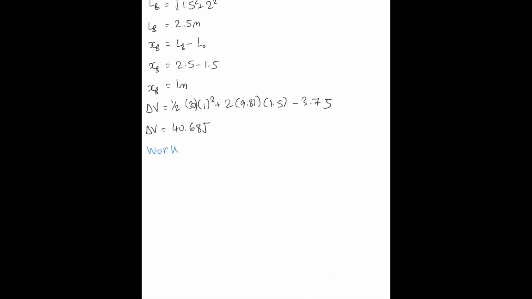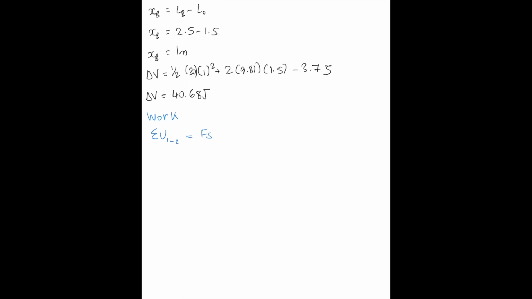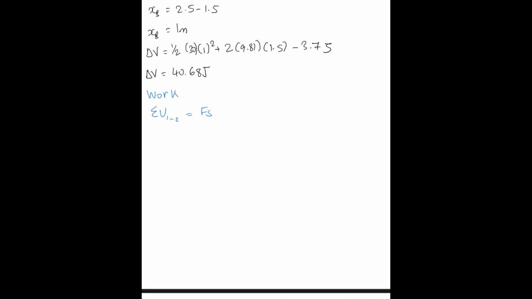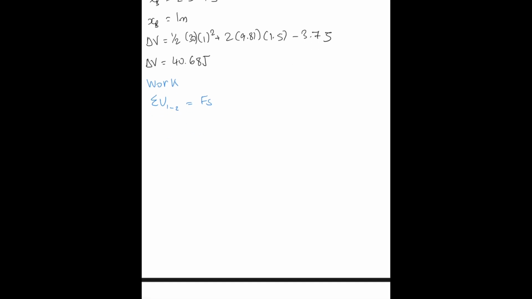Now we're going to use the work equation, which is sum of U is equal to F multiplied by S. That's going to be equal to, F is going to be equal to HB minus HA cosine 30.